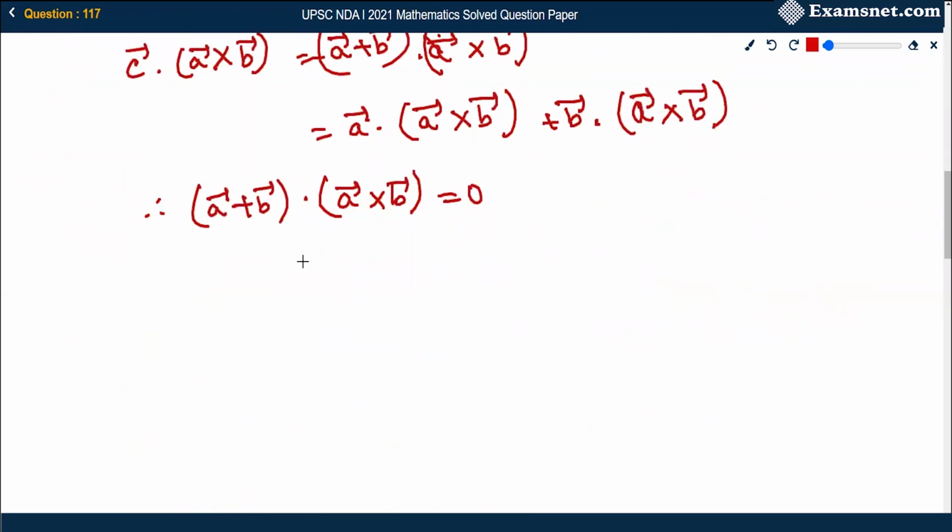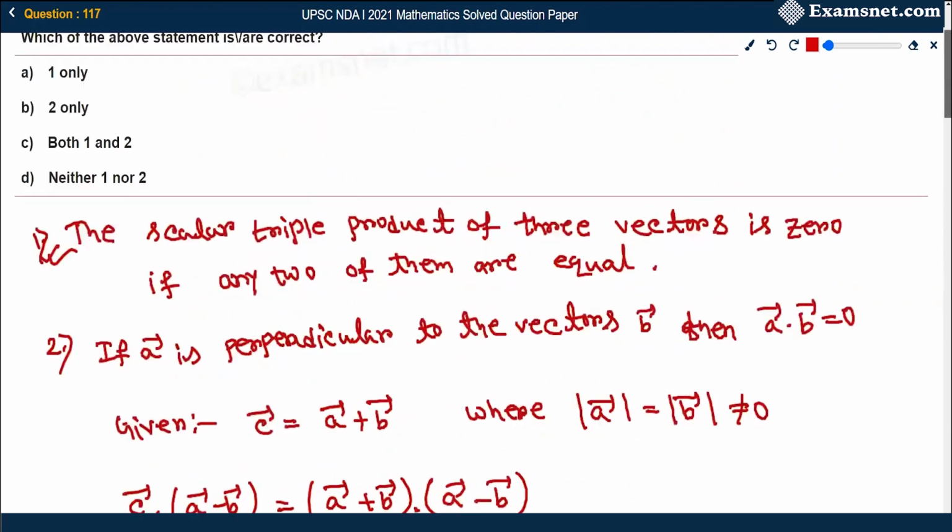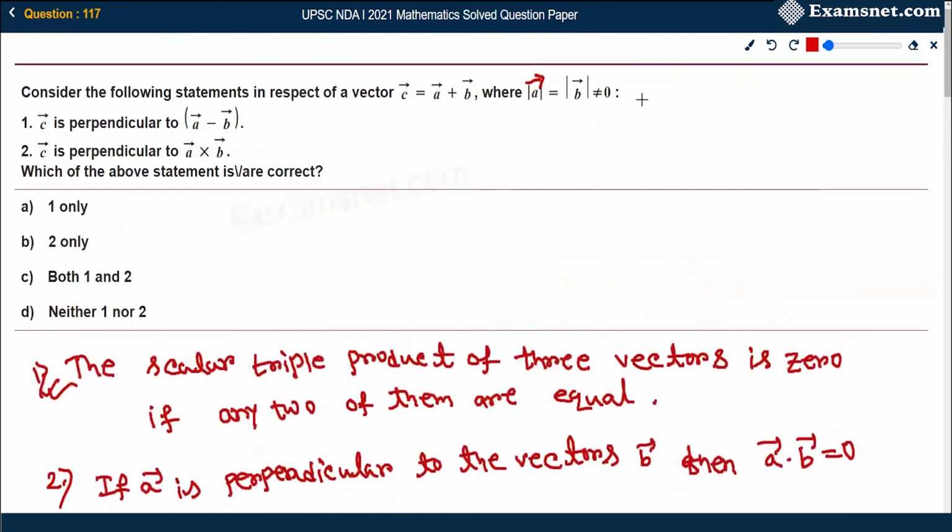Okay, so hence, statement 2 is also correct. Statement 1 is true and statement 2 is true. That means both the statements are correct. So here option C is the correct answer.